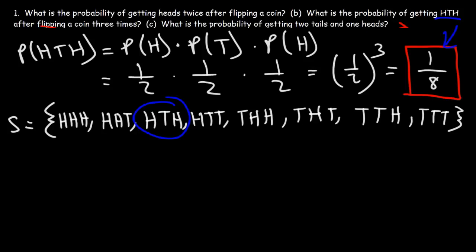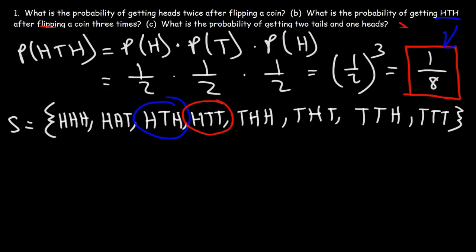Now let's move on to part C. What is the probability of getting 2 tails and 1 heads? So does the order matter in this problem? Looking at the 8 options that we have here, which one contains 2 tails and 1 heads? I'm going to highlight it in red.